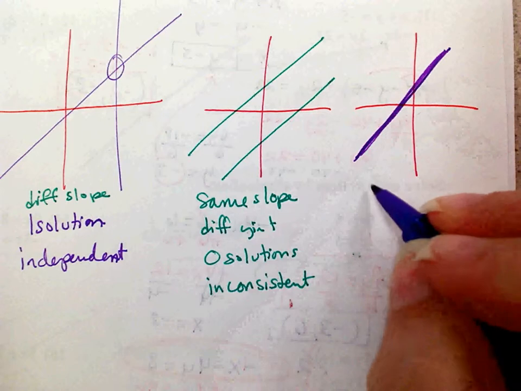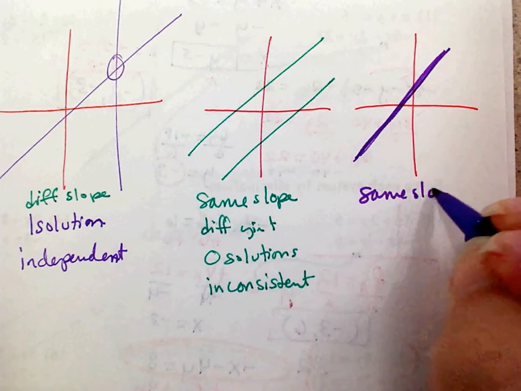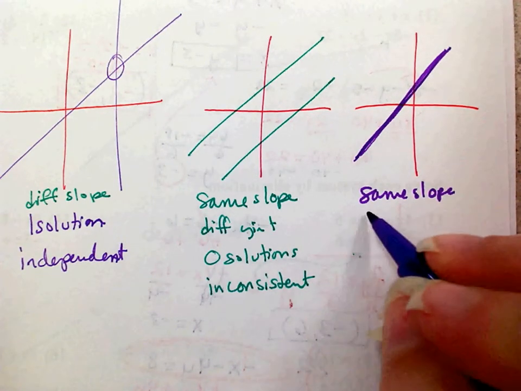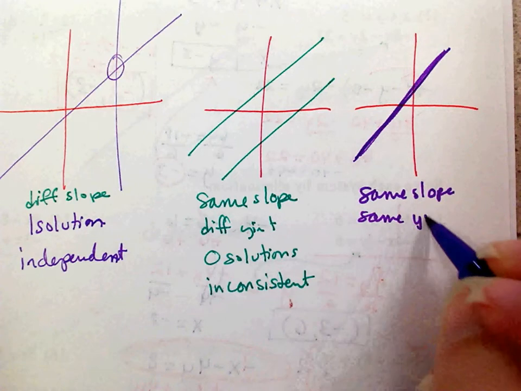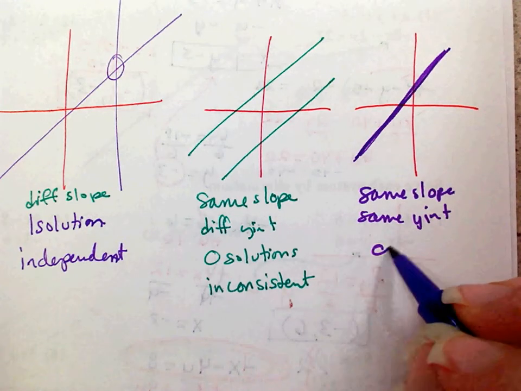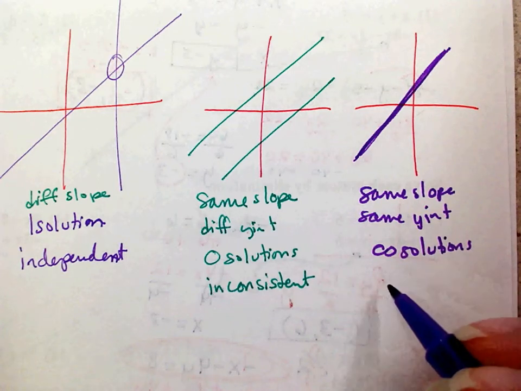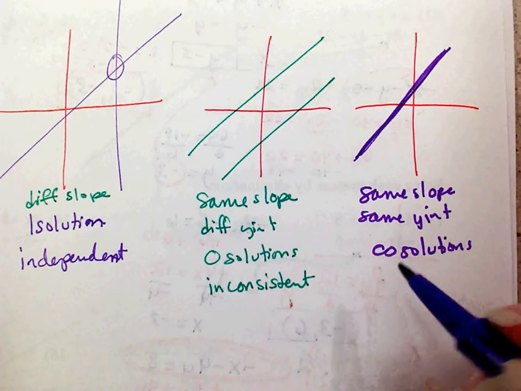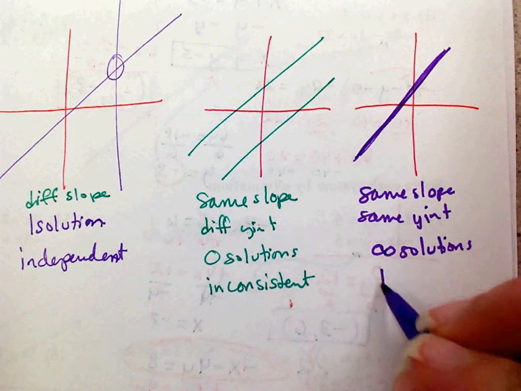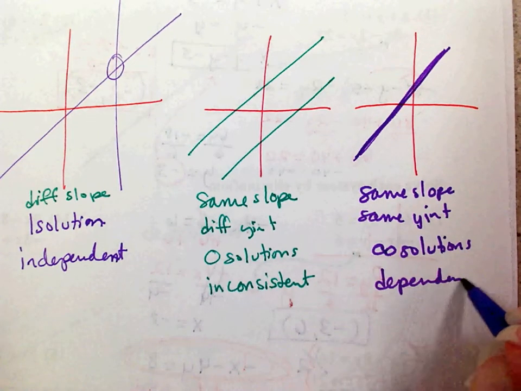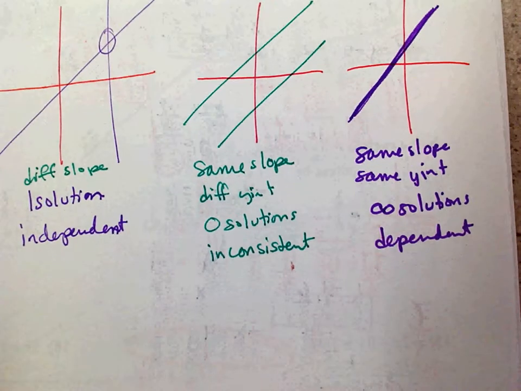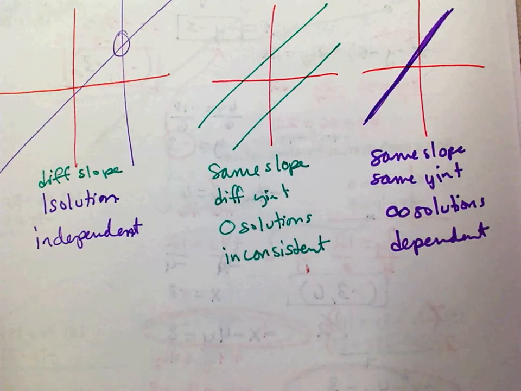So same slope, same y-intercept, which means infinite solutions. Good. And then what? Dependent. There are going to be questions where I'm just asking you to determine which one they are, and all you have to do is remember these, okay?